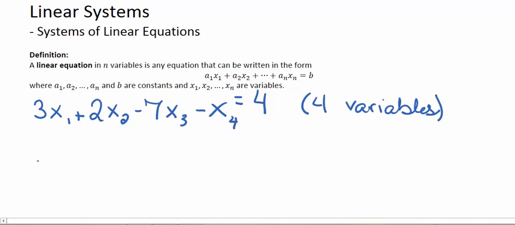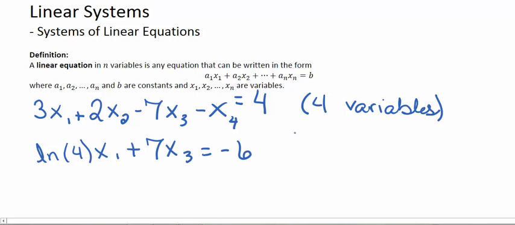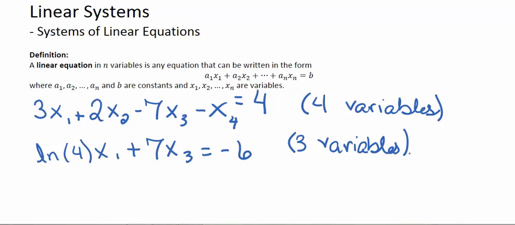Another example, ln of 4x1 plus 7x3 is equal to minus 6. So this one has 3 variables. While you only see 2 of them, x1 and x3, we can tell that this has 3 variables because the largest number is 3. The x2 just has a coefficient of 0.